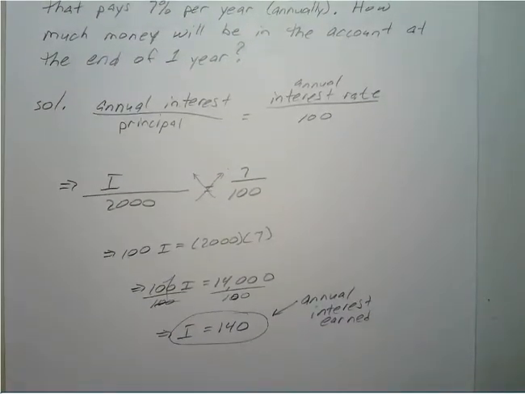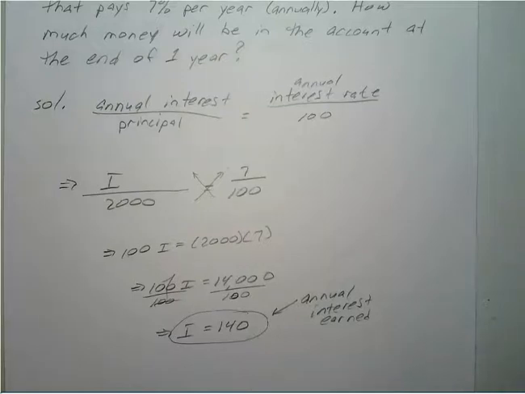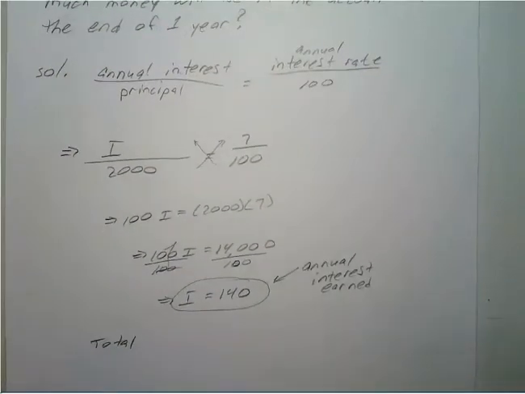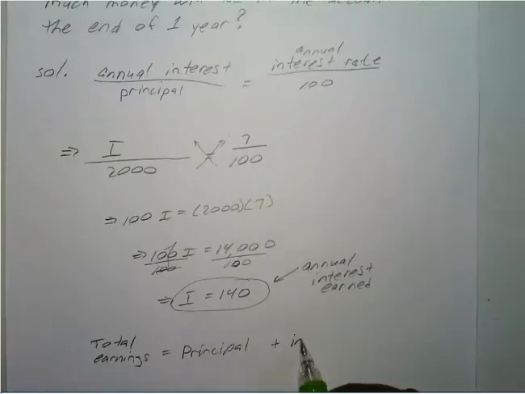Now to find the total amount of money made, we have to add together the amount that they started with, which was the 2,000, plus the interest that they made. Total earnings is equal to your principal plus your interest.